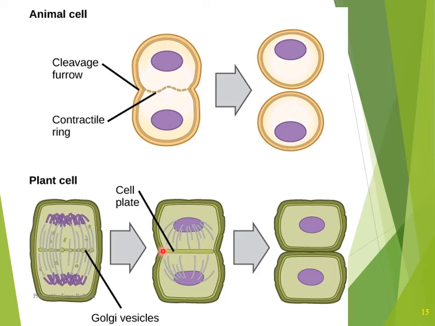Planted, I mean to say, they will form the partition. Once this is formed, this partition is called the cell plate, responsible for the division of the cell into 2 daughter cells. With this, the mitosis is over. Right?